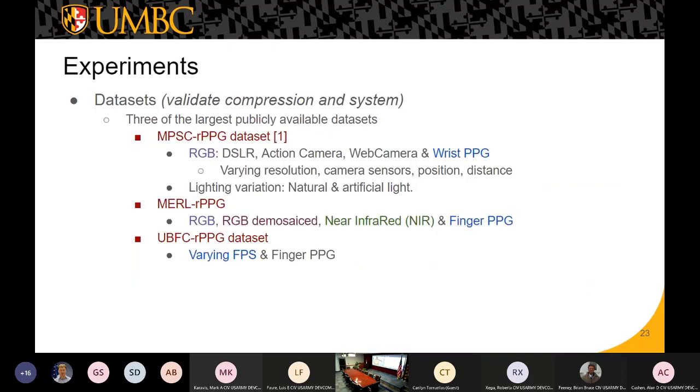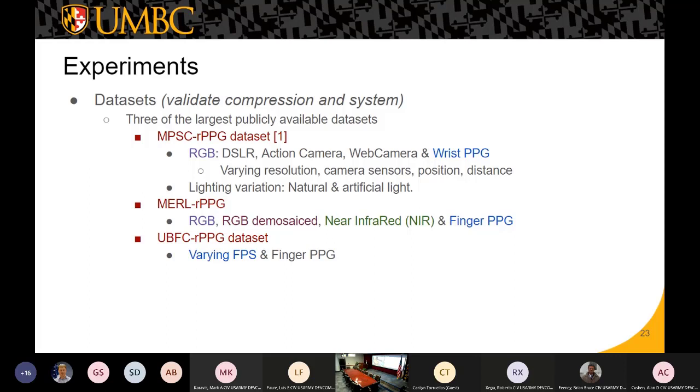And finally, we performed experiments with our own dataset, the MPSC dataset. We focused on that because, as per my knowledge, our dataset is the largest. There are two other public datasets available: the MERL, the Mitsubishi Electric Research Laboratories RPPG dataset, which has other modalities, but we focused on RGB because of the availability of RPPG, since these are the most common sensors.